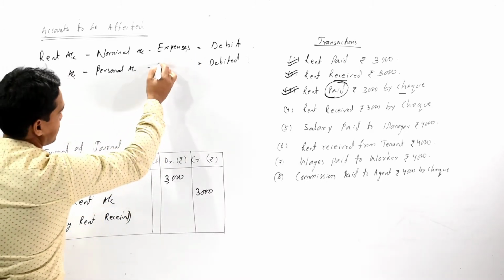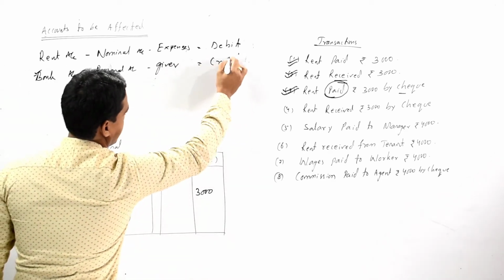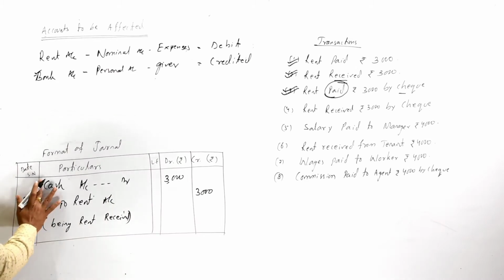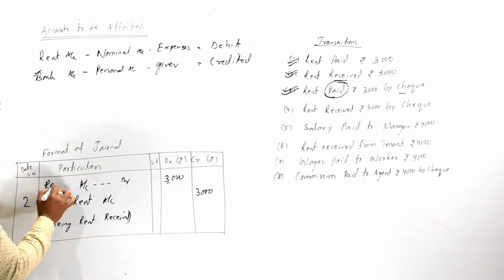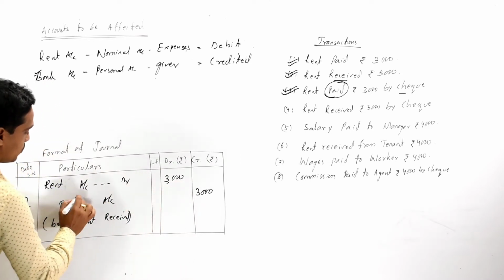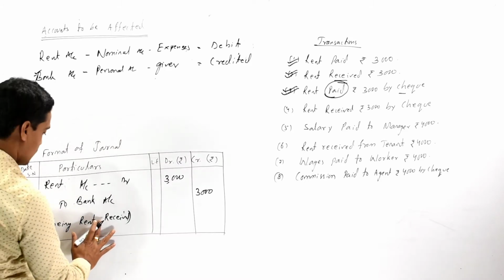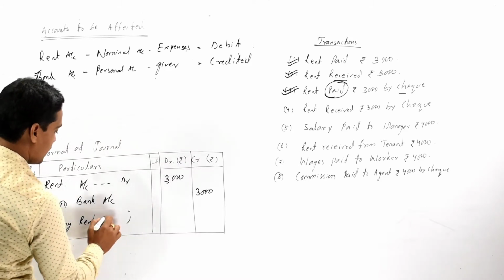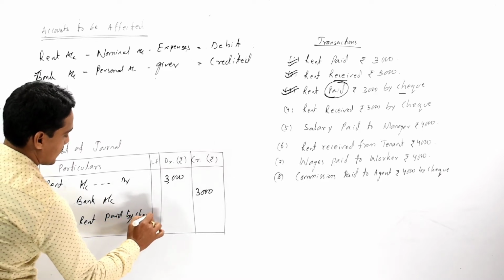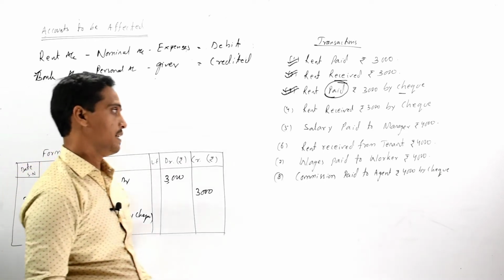So here bank is the giver, so it should be credited. So our journal entry should be rent account debit rupees 3000 to bank account, and narration should be being rent paid by cheque, and our serial number should be 3.